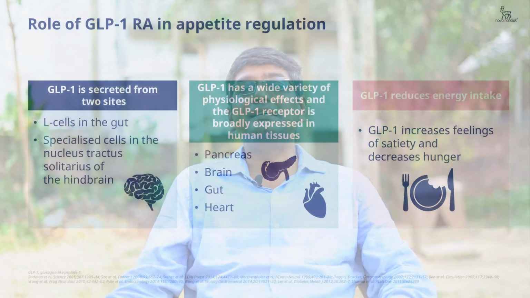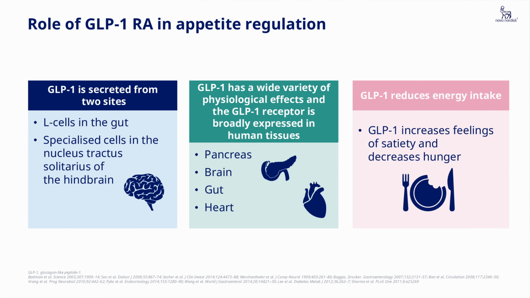Now, what do the GLP-1s do in terms of its regulation in appetite? The GLP-1 is secreted from two sides, that is the L cells in the gut and in the brain from the nucleus tractus solitarius. It has got effects on the pancreas, the brain, the gut and the heart. The GLP-1 reduces energy intake and increases satiety and decreases hunger.